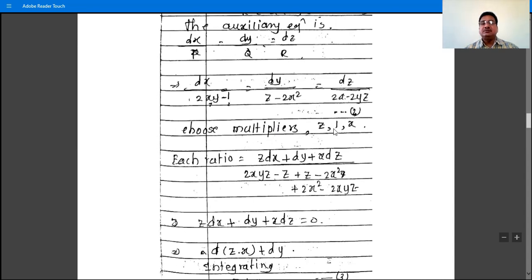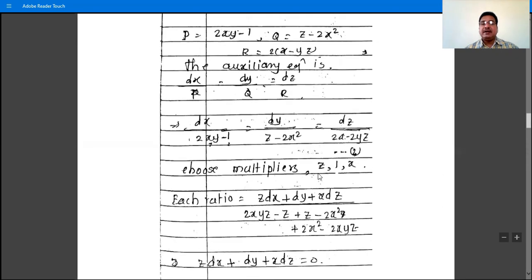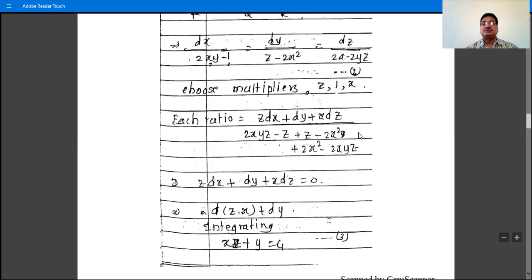Here choose multipliers z, 1 and x. Suppose l, m, n are the multipliers, then choose them in such a way that lP + mQ + nR is equal to 0. So the multipliers are z, 1 and x.